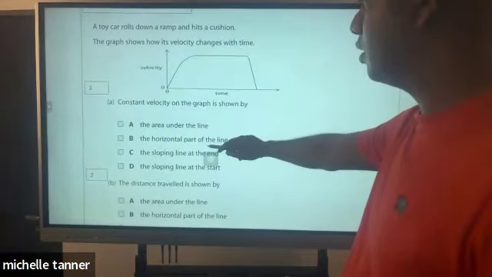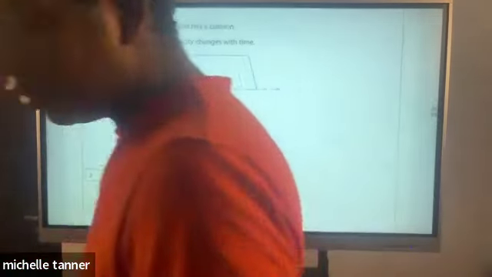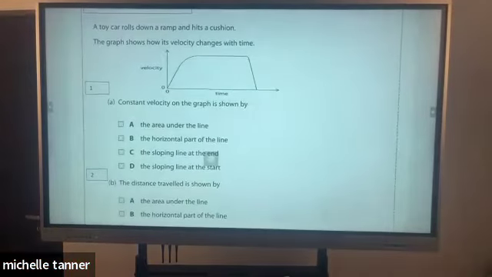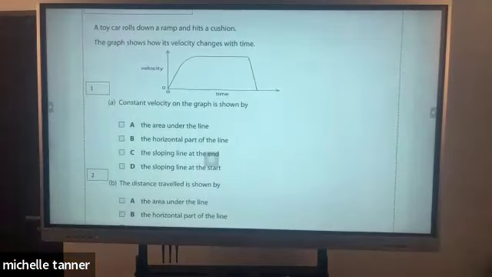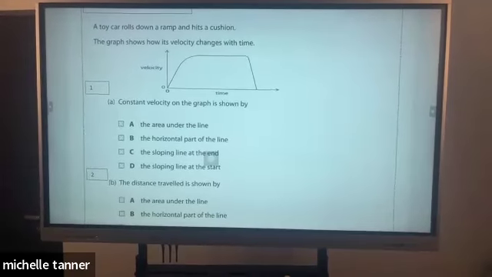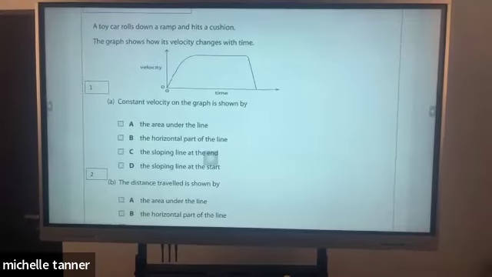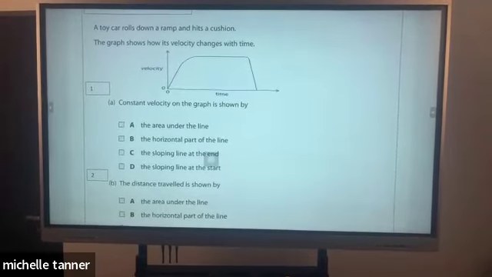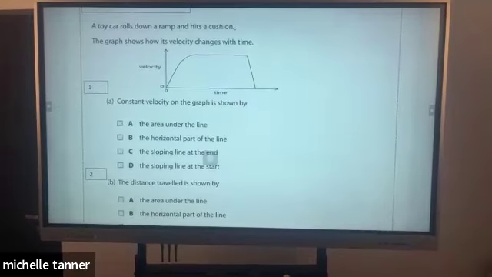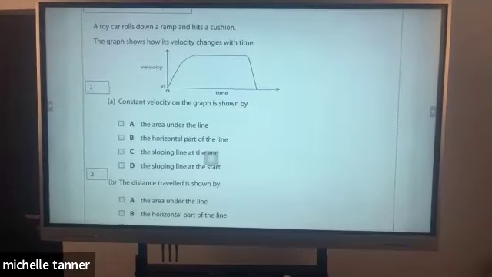The constant velocity, A, B, C. What's the answer for the first one? Then try 1, 2, 3.